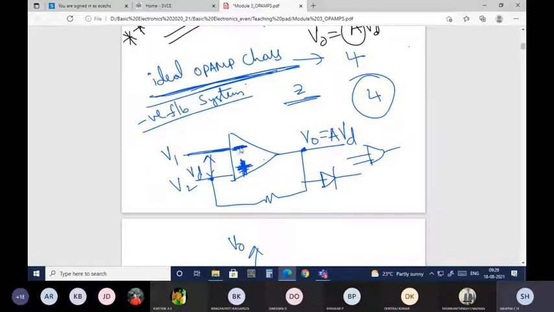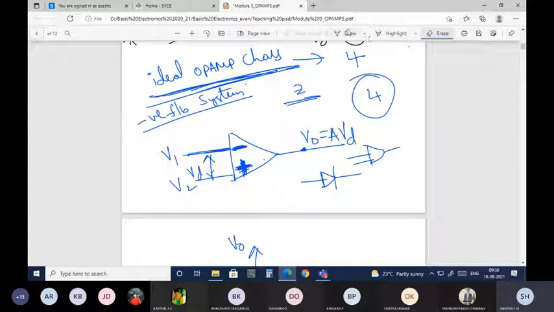Here, if you connect it to the inverting terminal, we call it negative feedback. If we connect it to the positive terminal, we call it positive feedback.